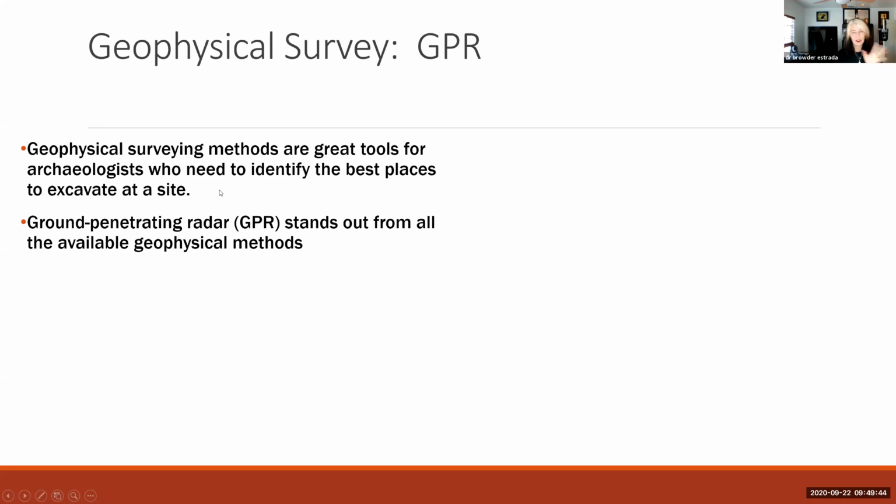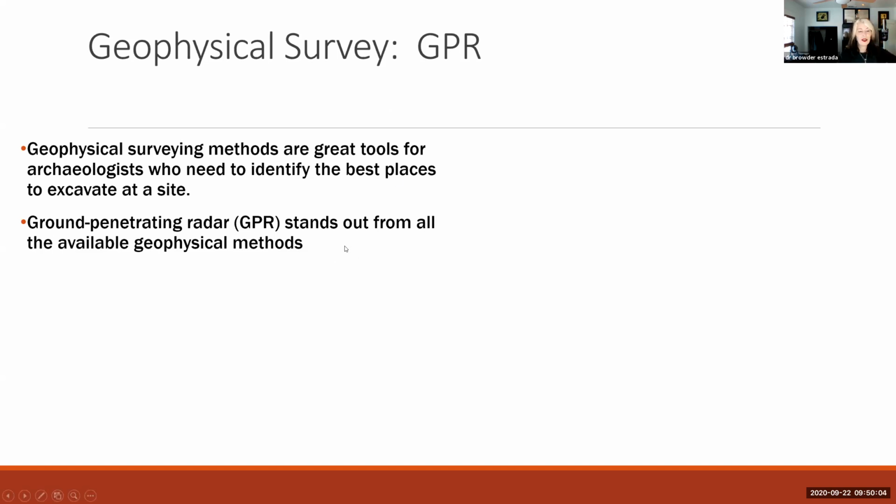And this one is really the one that's taking off, with a huge variety of equipment being made. You'll see lots of companies doing lots of advertising for these, not just for archaeology, but for other kinds of purposes too.